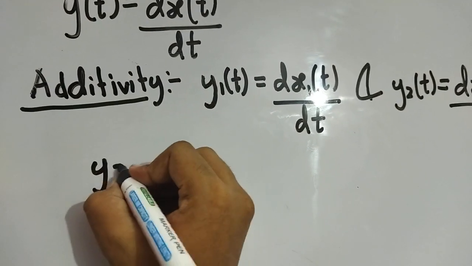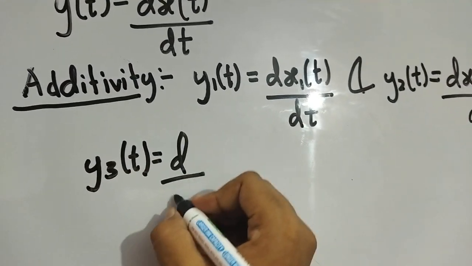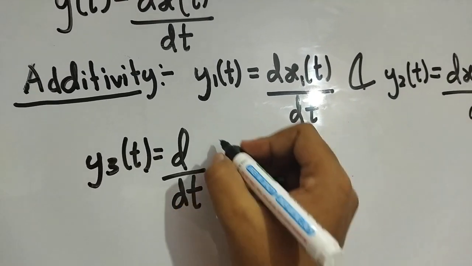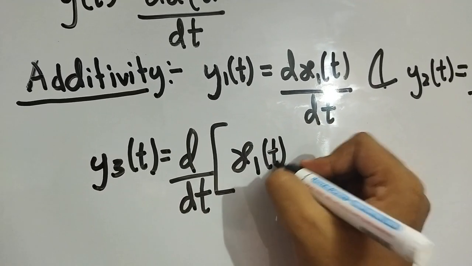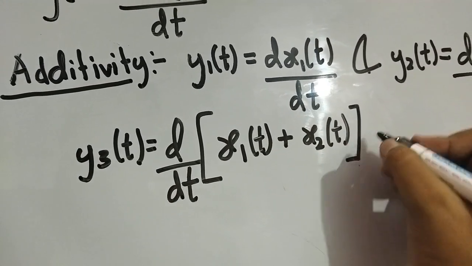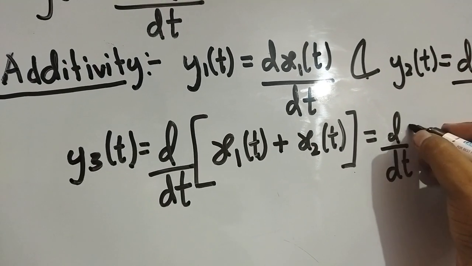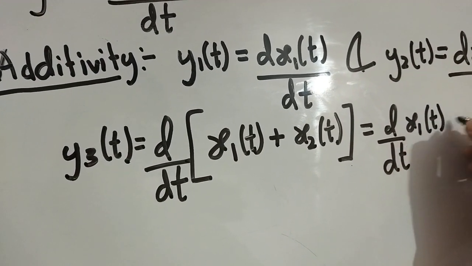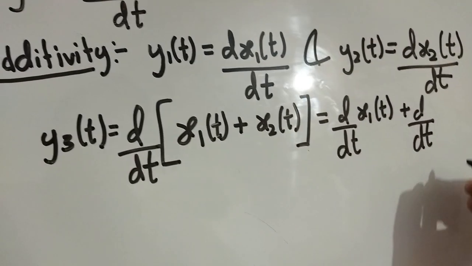Now y3 of t will be d upon dt of the bracket x1 of t plus x2 of t, and this can be written as d upon dt x1 of t plus d upon dt x2 of t.